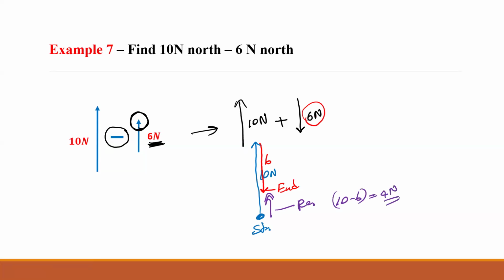I took very simple examples here, but your questions are not this simple. When you understand these basics, the complex questions will be easy, because the method you follow is the same, whatever the complexity of the questions. So whenever you have a subtraction question, you convert it to an addition question by changing the second vector's direction to the opposite side.